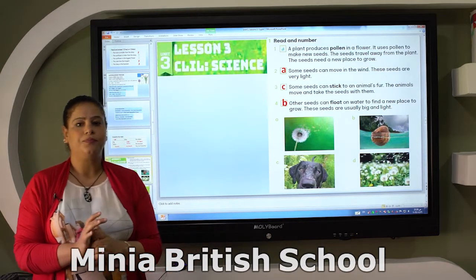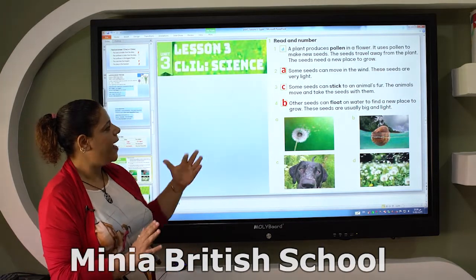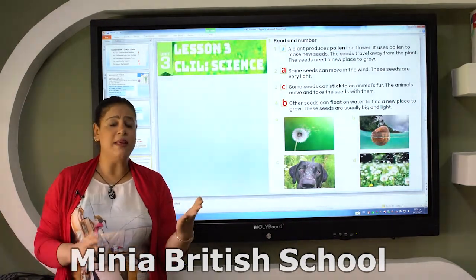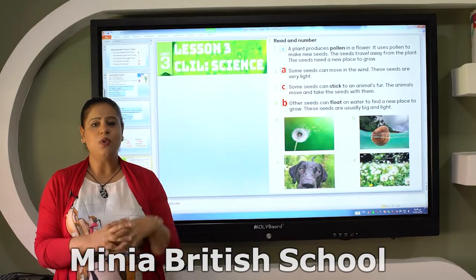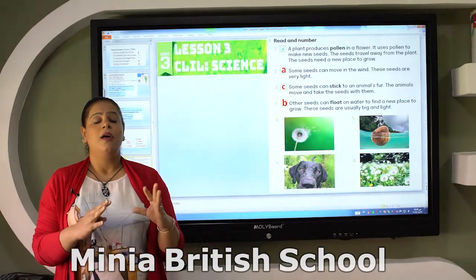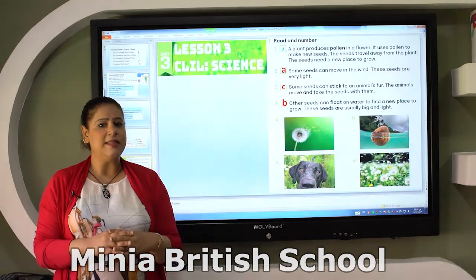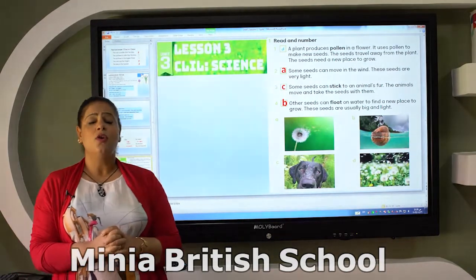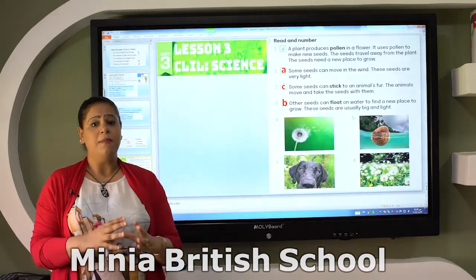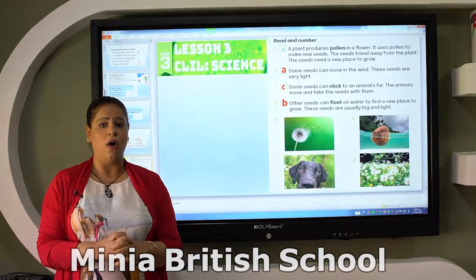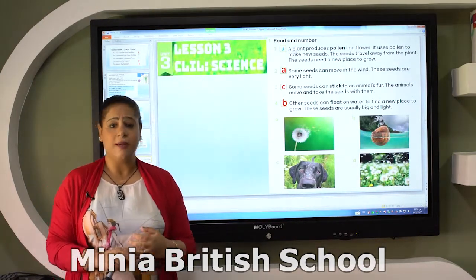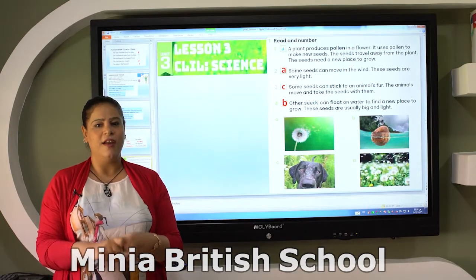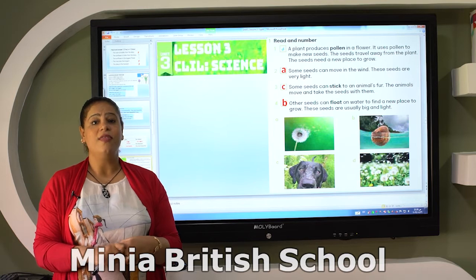Here, we're going to have how seeds can be moved from one place to another. Actually, we have three ways related to how seeds can be moved from one place to another. Seeds can be moved by sticking to animals' fur, floating on water, and finally by the wind.